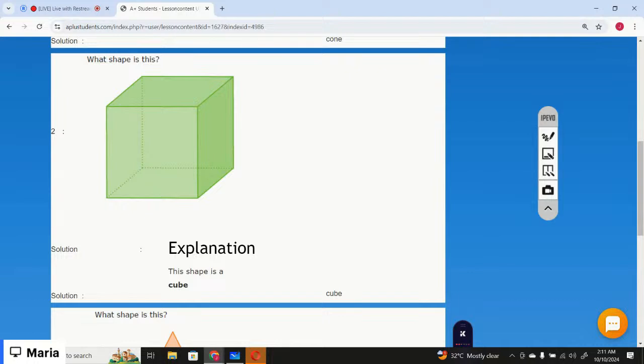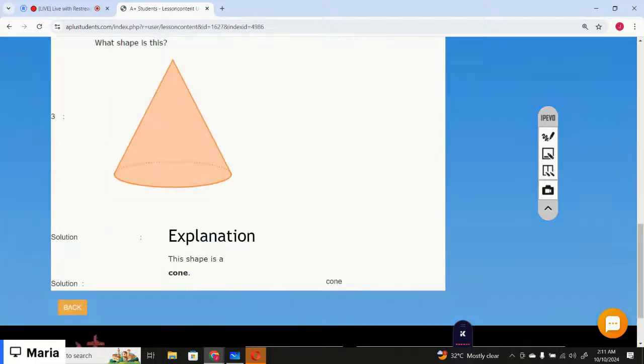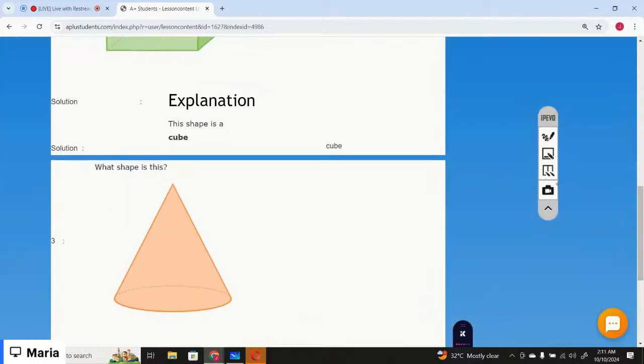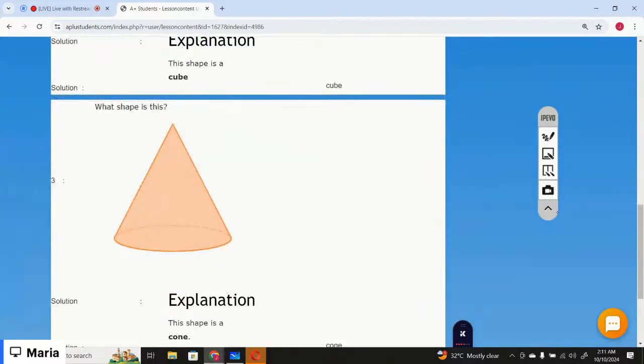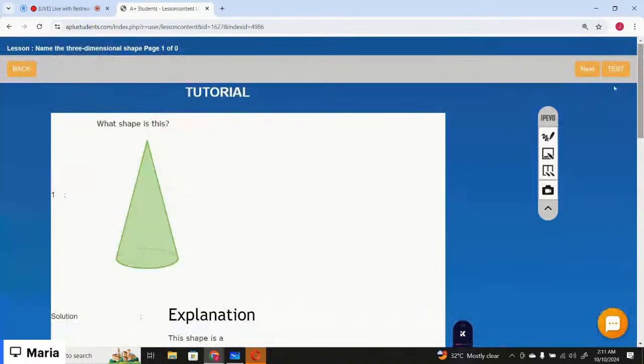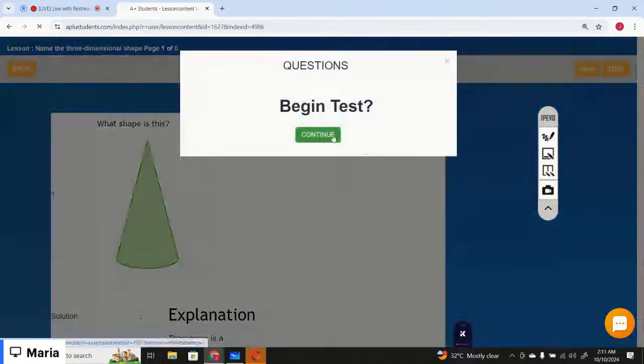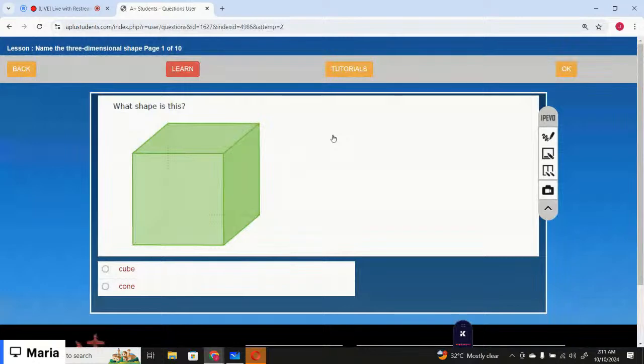Cube has six faces. Every face is a square, right? Okay, let's just start with the test questions. What shape is this?